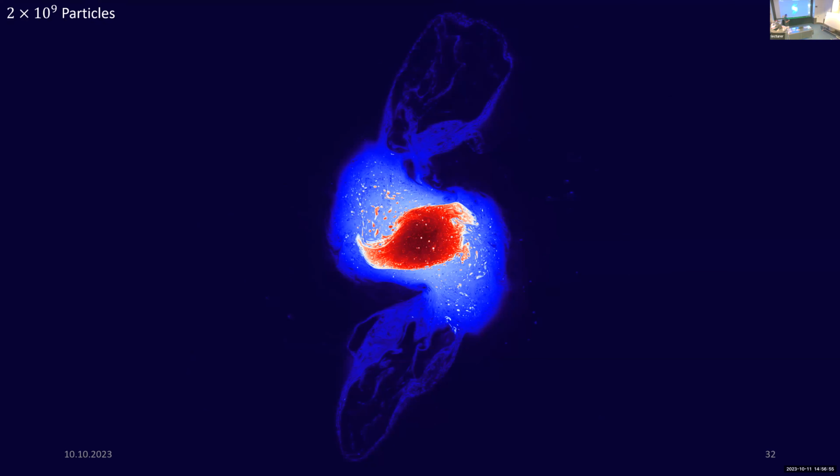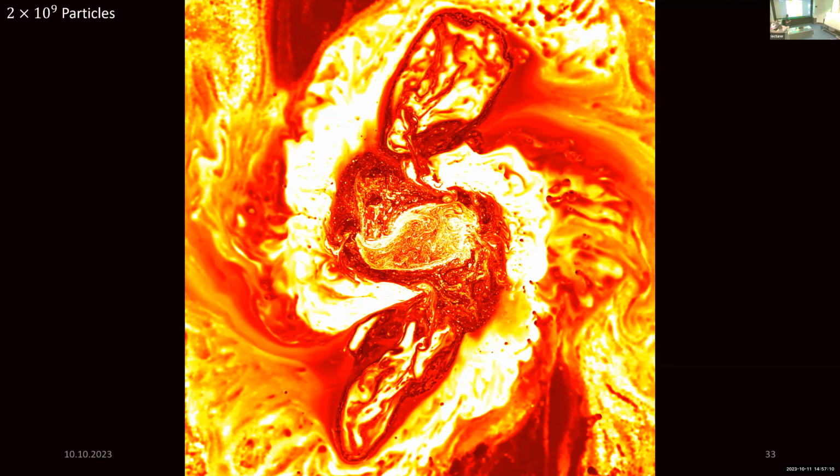Here is the end figure from the video again, just in high resolution. And it's just all these tiny flakes of core material that are suspended. You don't have that at low resolution. And here is the same thing in temperature. It goes from 0 to like, I don't know, 100,000 Kelvin.